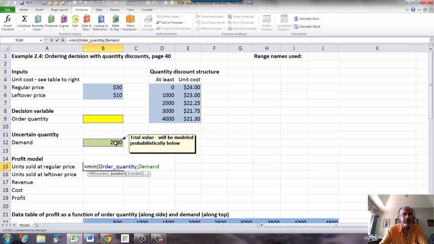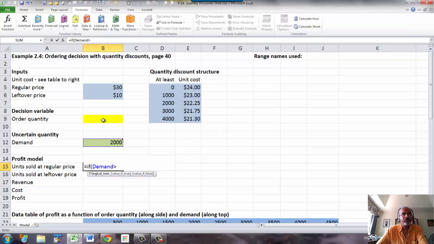Whichever is smaller will be what we will be able to sell at regular price. If you want to do this as an IF function, then you would do IF demand is greater than the order quantity, then you can only sell the order quantity.